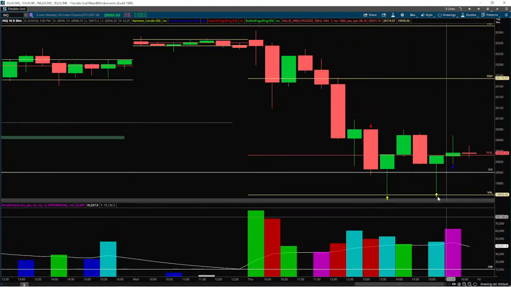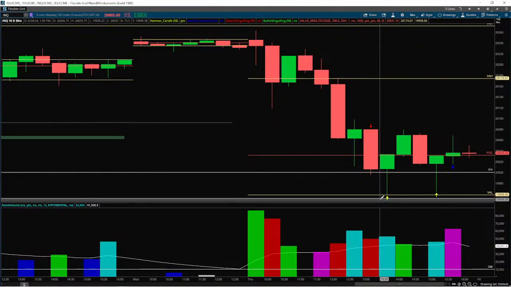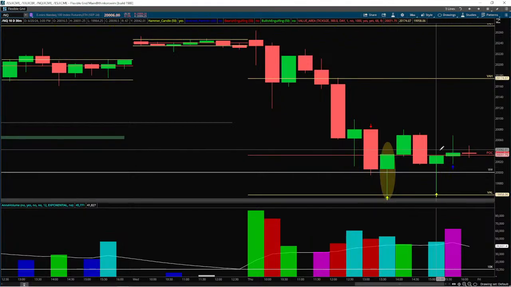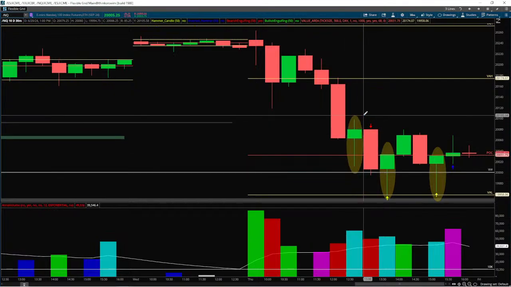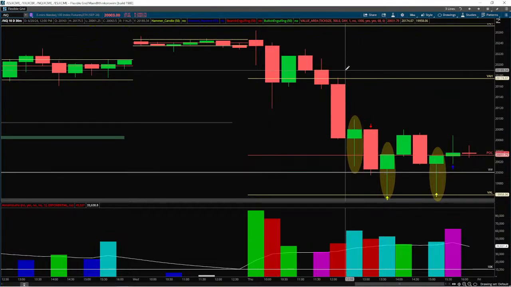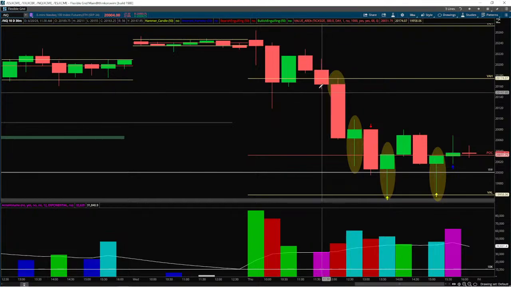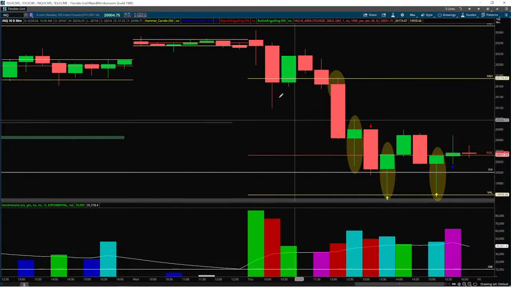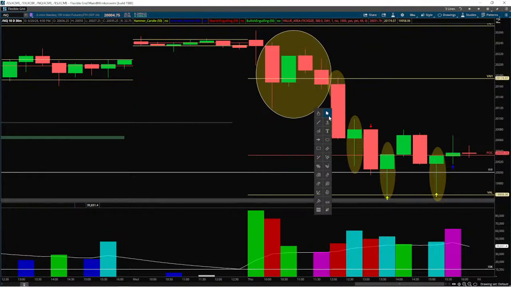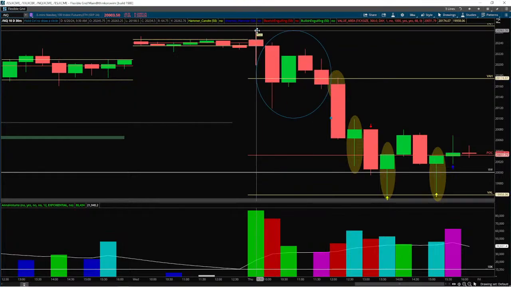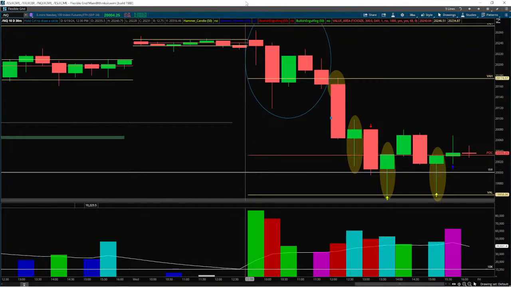Looks like we have some buying really trying to happen around here. So I'm gonna mark these. I'll also mark this one, and then I'll mark this around here, and basically this entire thing just has volume, and then we'll go further into it on the smaller time frame.